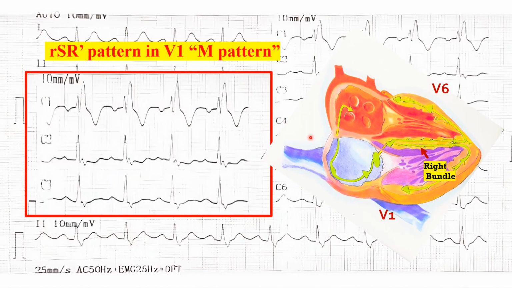For discussing these changes on the ECG and the pattern we see, we need to know the lead placement. Here we can see that V1 is placed anteriorly on the chest and it represents the area of the right ventricle, and V6 is placed laterally. Whenever there is an RSR prime pattern in lead V1, this happens because of conduction delay at some areas.